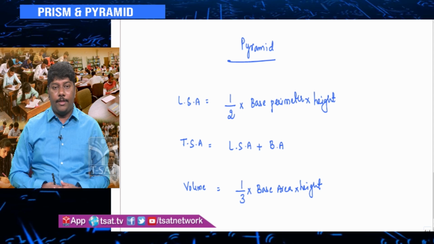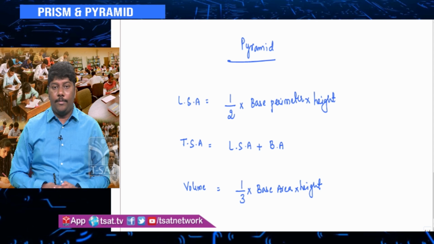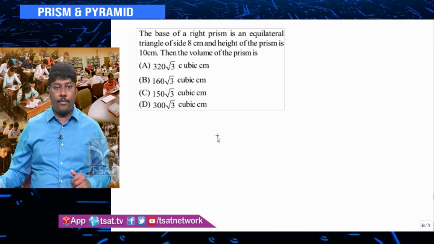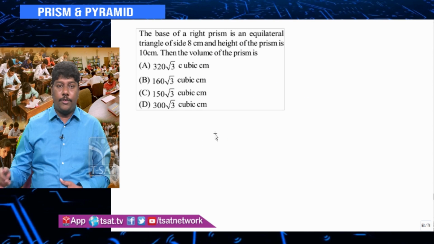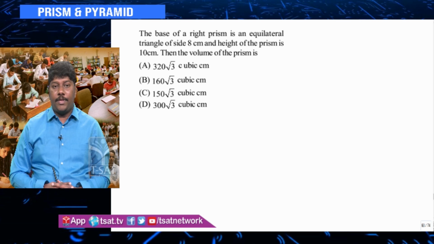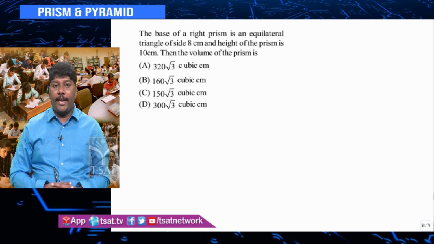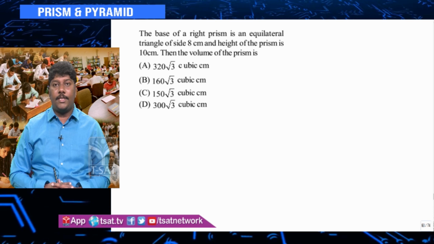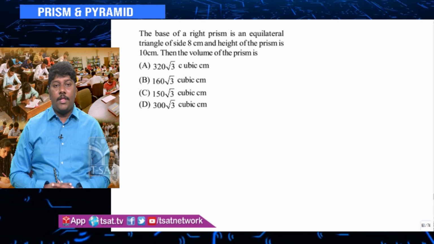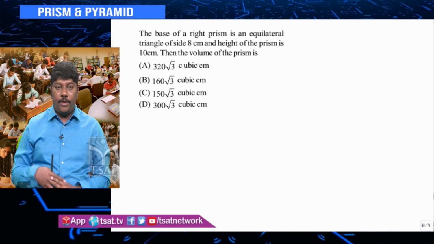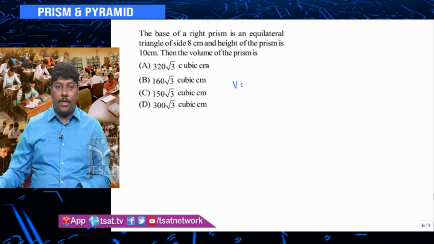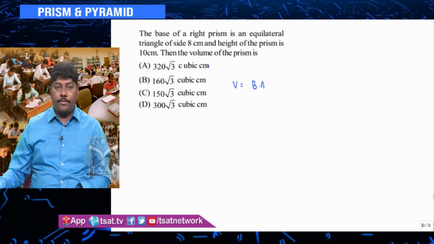Now, let us first look at the problems based on prism, then we will come to pyramid. Look at the first question based on prism. The base of a right prism is an equilateral triangle of side 8 centimeters and the height of the prism is 10 centimeters. Then find the volume of the prism. First of all, the base is an equilateral triangle. When it comes to the volume of the prism, we know it is base area into height.